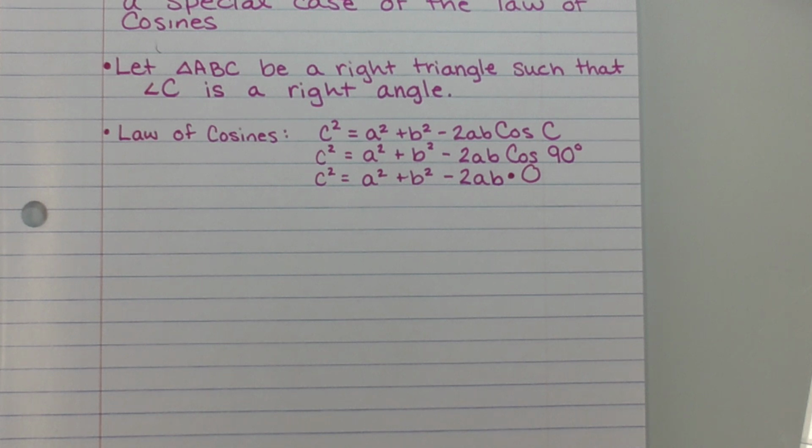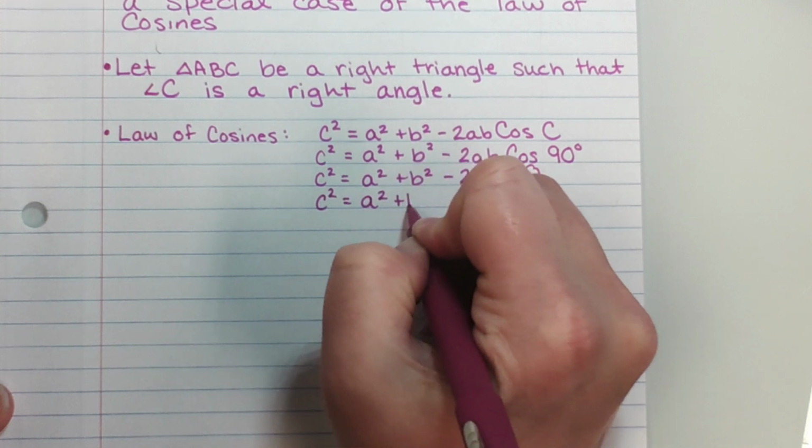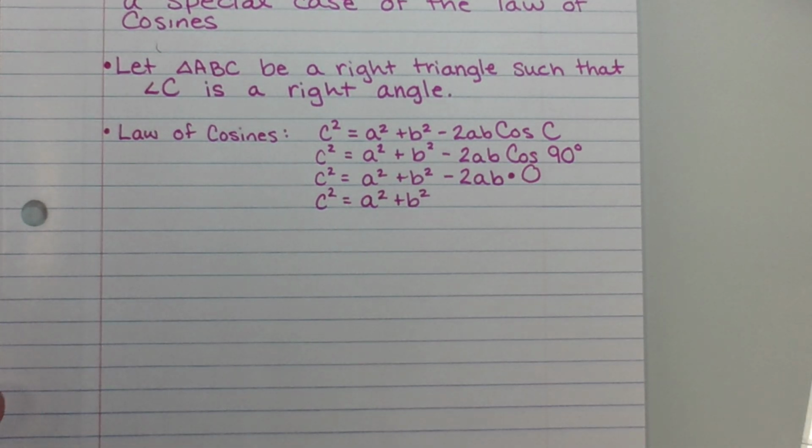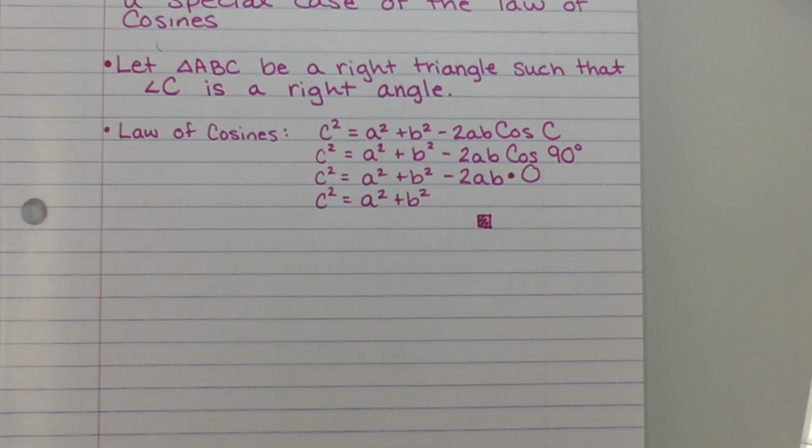What's going to happen when I put that 0 there? The minus 2ab is all gone. C squared equals a squared plus b squared. Our proof is done.